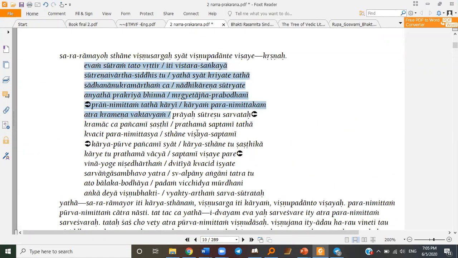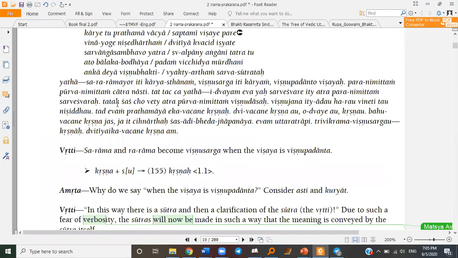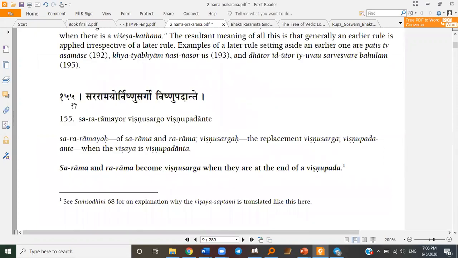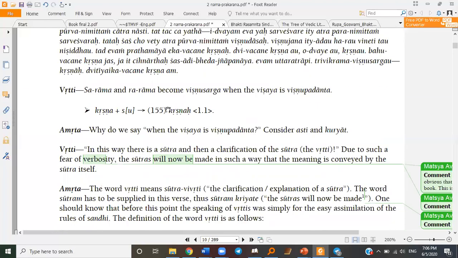This is actually also very important. Yeah, so here they have done it. Krishna Su, and then this 155 is the sutra number 155. Whenever they apply a sutra, in this particular edition they will write the numberings.